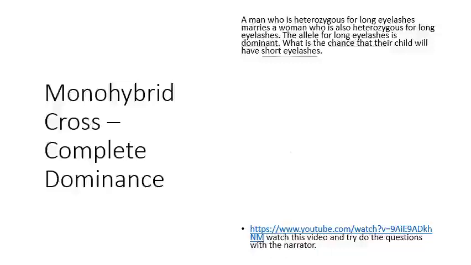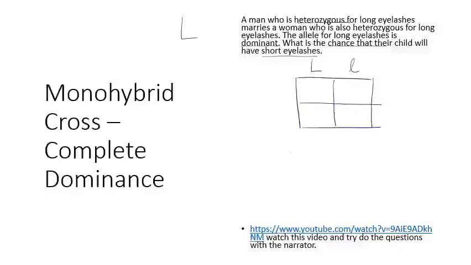So we have mom and dad, so we know we can draw our little Punnett square. We have dad at the top, who is heterozygous, which means he's got different alleles. Let's take L as the allele for lashes. So he's heterozygous, which means he'll have a capital L and a lowercase l.